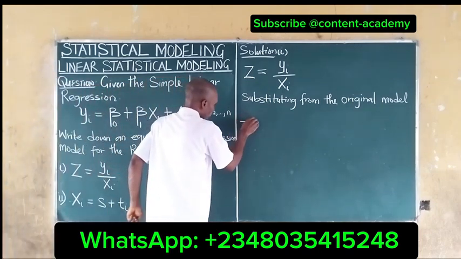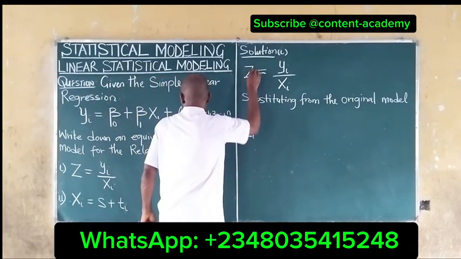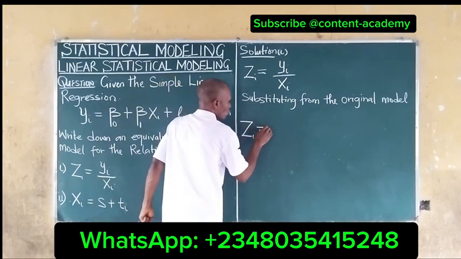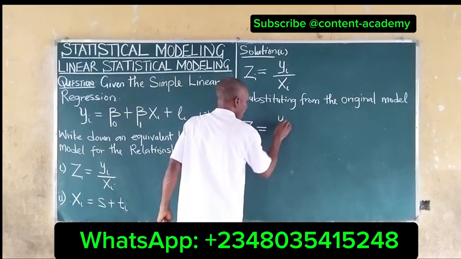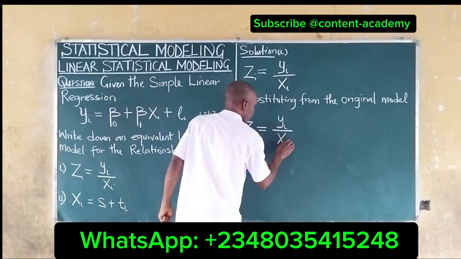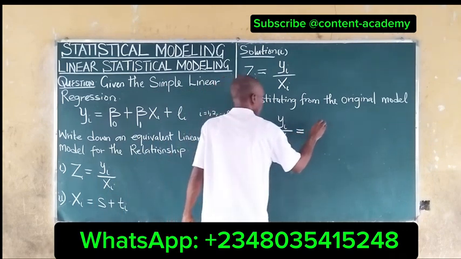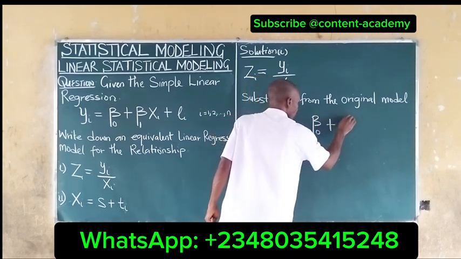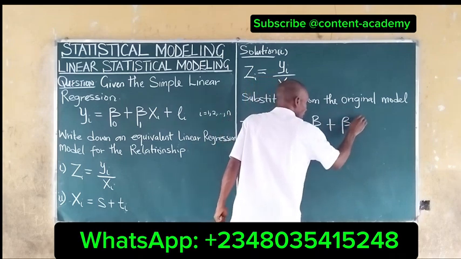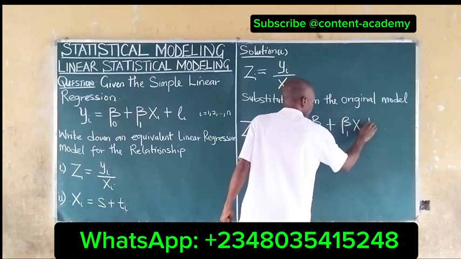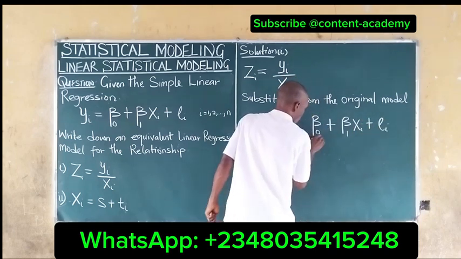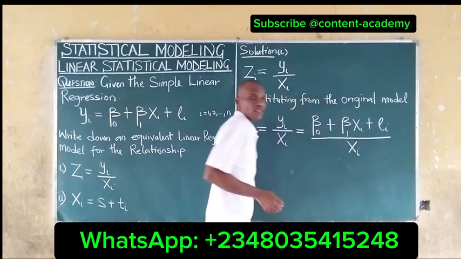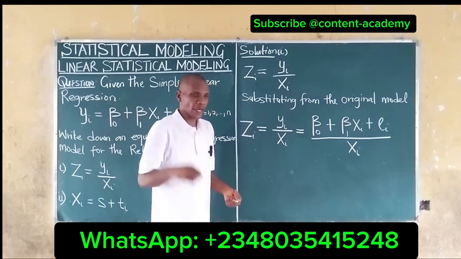So we have z_i equal to y_i all over x_i, which is the same thing as b naught plus b1 x_i plus e_i all over x_i. This is how it can be computed.